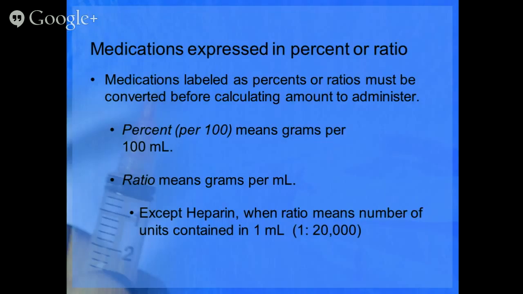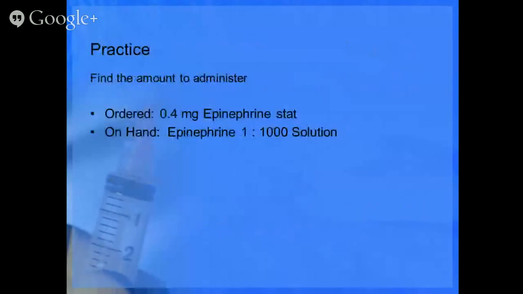So we have some practice questions. It says ordered is 0.5 milligrams of epinephrine stat. On hand, we have epinephrine 1 to 1,000 solution. When we look at this, it's a ratio, so it means grams per milliliter.